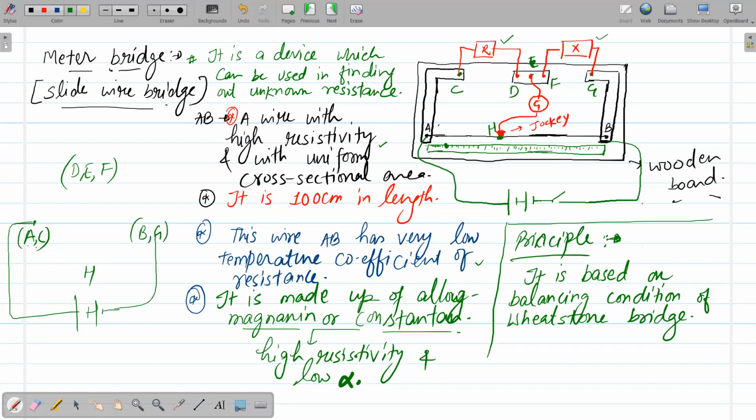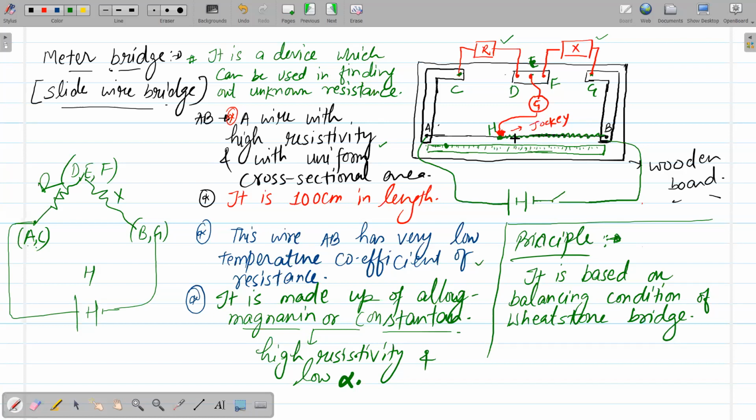Now you can see that C and D are connected with capital R. So C is here, D is here, right? So these are connected with capital R. You can see F and G are connected with capital X. So F is here, G is here, capital X. You can see that B and H are both connected with this part of wire, this part, right? This is a high resistance wire, so we can represent it like this also.